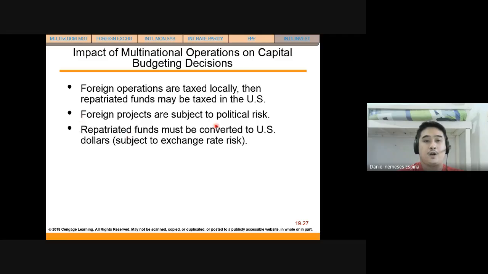And then the foreign projects are also subject to political risk in that particular foreign country. Repatriated funds must be converted to US dollars or to the home currency, so it is also subject to exchange rate risk.